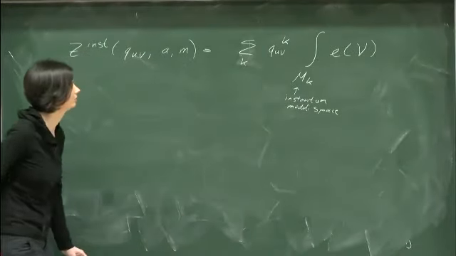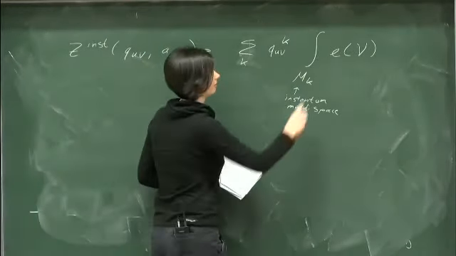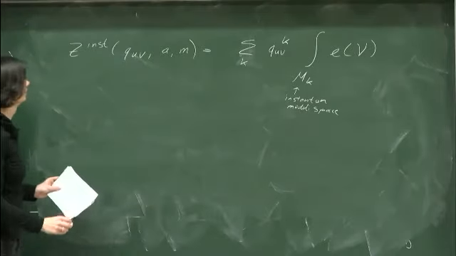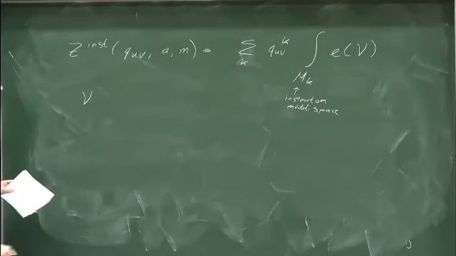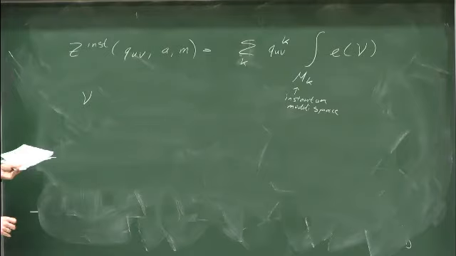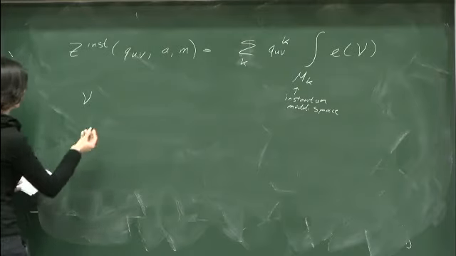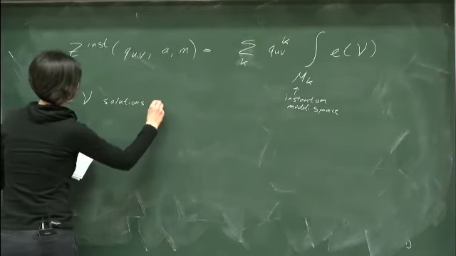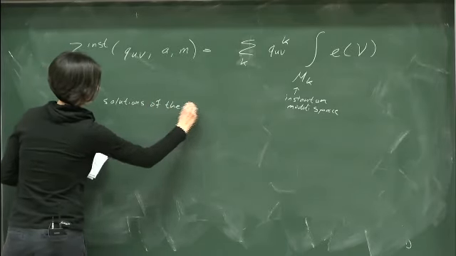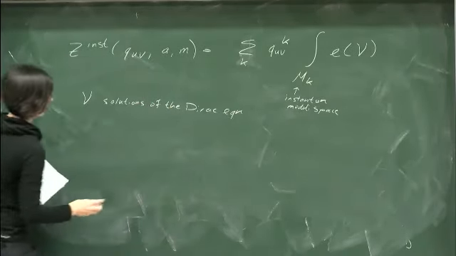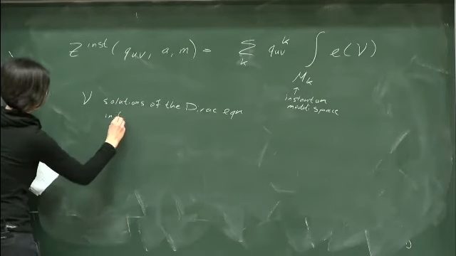The form that we use to integrate over is some Euler character of a certain bundle, and this bundle V encodes the matter that is part of the theory. So this V encodes solutions of the Dirac equation in the instanton background.